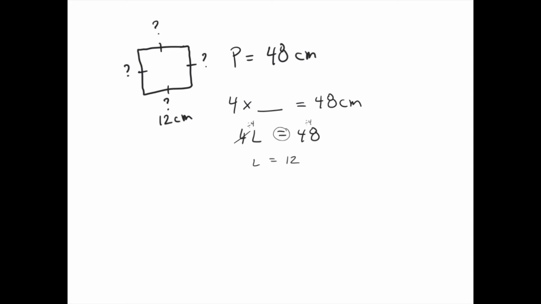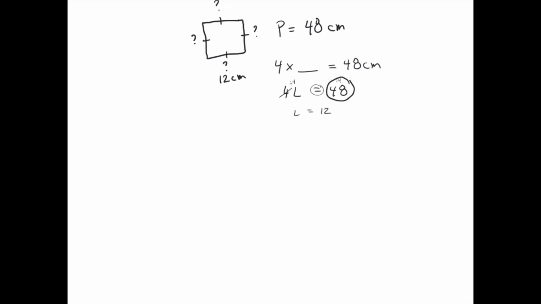So here we had a square, so we're dividing the perimeter by 4. If we had a triangle and we didn't know the side lengths, and the perimeter, let's say, was 33 centimeters, well, there are 3 sides, so we could divide the perimeter by the 3 sides, and that would tell us that the side lengths are 11 centimeters.